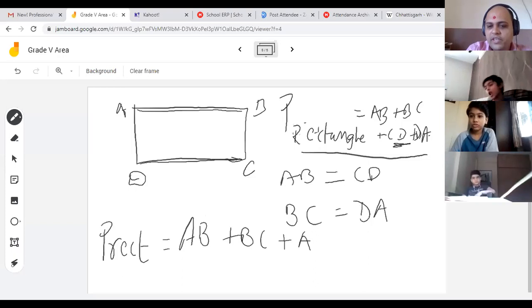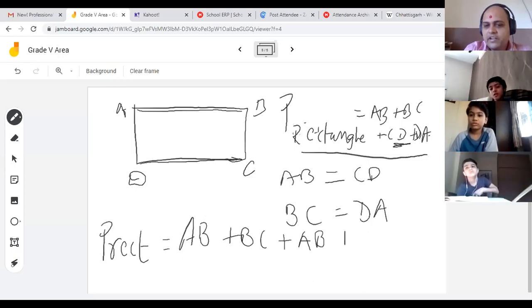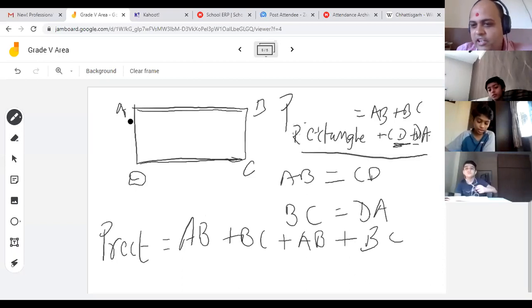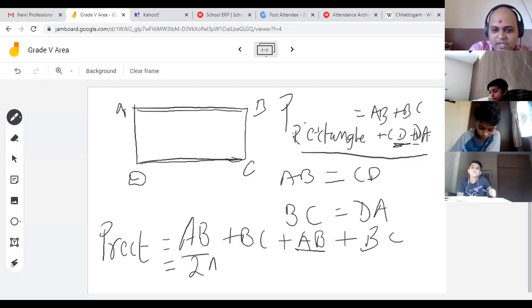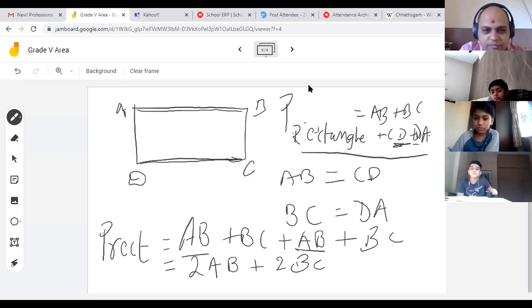So AB plus DA. DA is what? BC only. Yes, they are both same, so I can replace them. So AB and AB, that is 2 times AB plus 2 times BC. Yes, very easy. Don't write anything yet. I will tell you when to write.